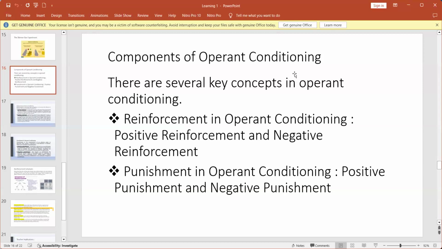Now, it's a good behavior to be strengthened. You want to reinforce the child. If you are using positive reinforcement, you have to give something to the student. So you will give something that the student likes. Maybe a certificate, maybe a red star, maybe verbal praise, because students like them. So you are giving something as positive reinforcement, something the student likes.